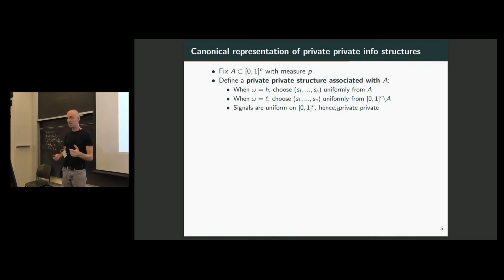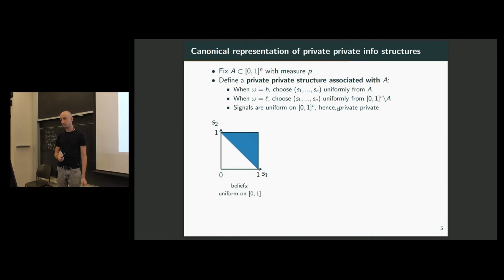What's nice about that is that signals, as a result, are unconditionally uniformly distributed on the unit cube. And so they are independent. We get privacy for free in this construction. So no matter what the set A is, this gives us a private information structure. And so, for example, you can take the blue set A, like in this picture.